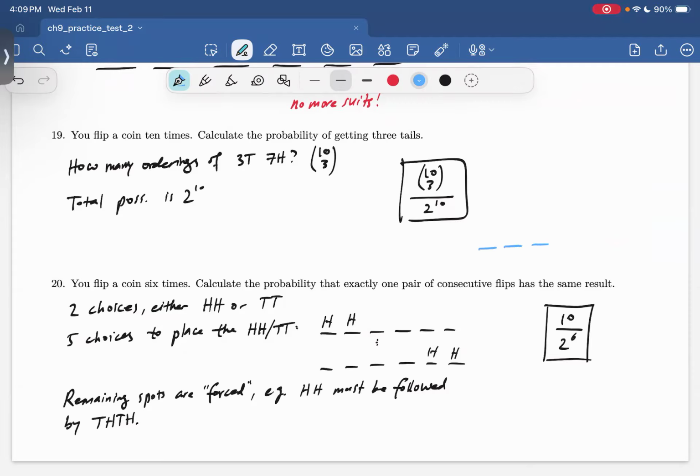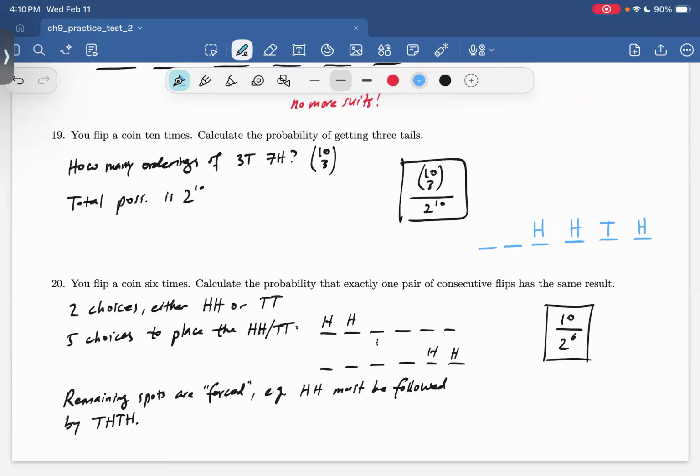For instance, if I had, for example, my double H in the 3rd and 4th spots, then that means the 5th flip must be a T, because if it was an H, I would have a string of 3 flips with the same result, which is not allowed. So this must be a T. And if that's a T, then this can't be a T, right? Because that's going to be another pair of consecutive flips. So this must be an H.